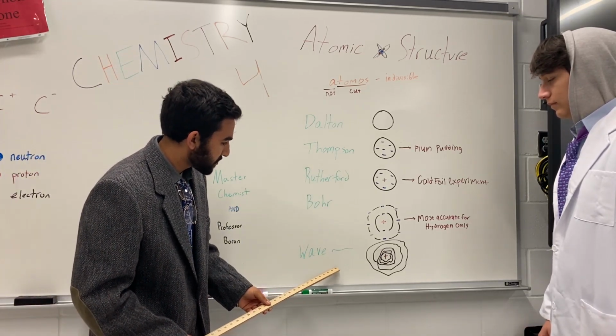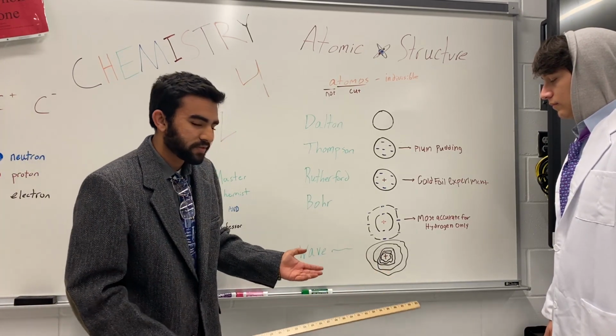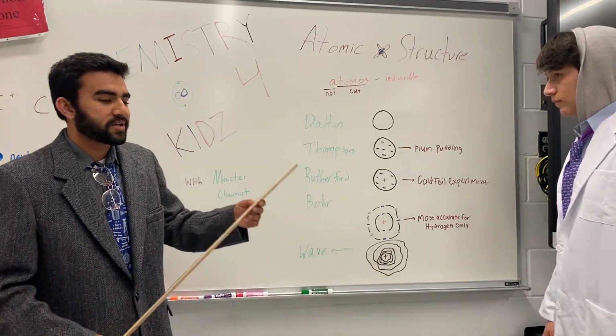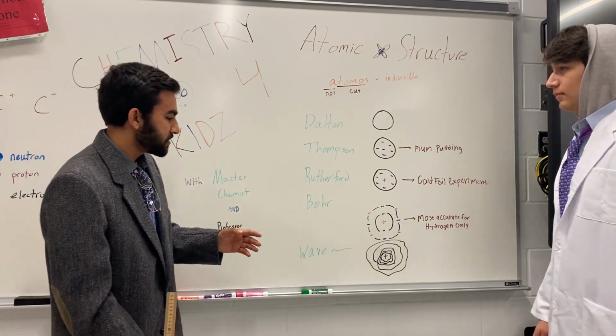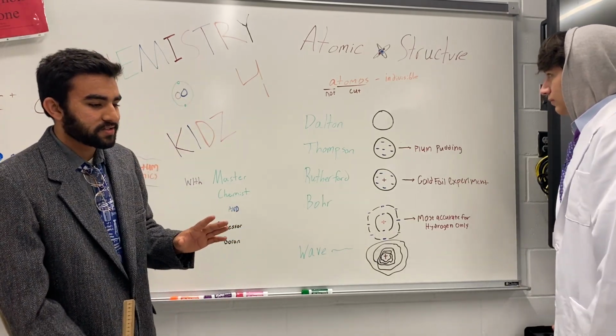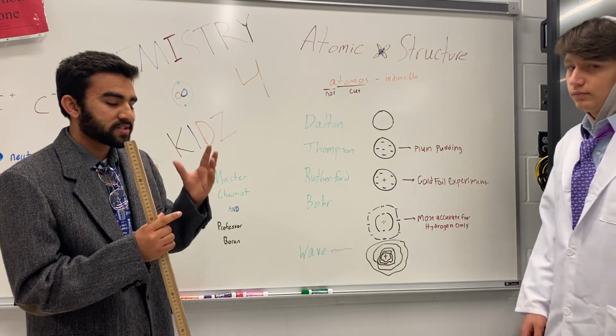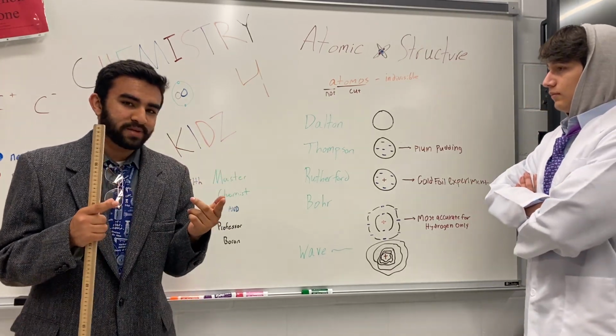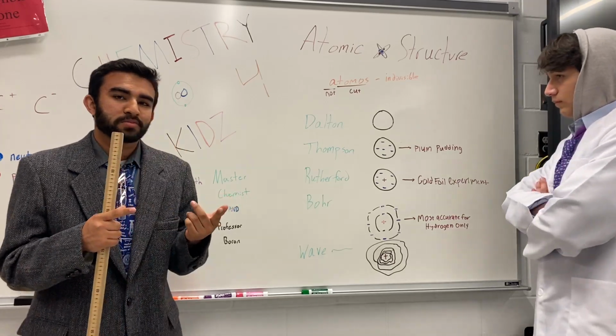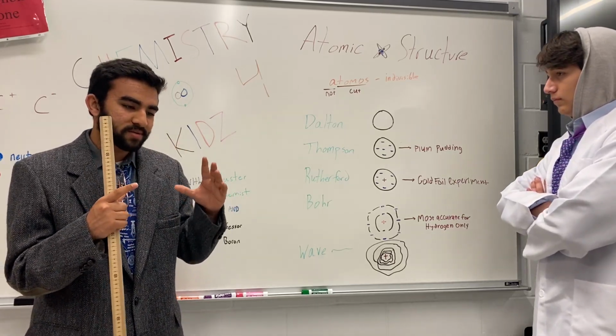So this was able to support this model, in which it's supposed to be an electron cloud around the nucleus, and what that suggests is that the electrons themselves are within this space, but in terms of where exactly they would be in that space, it's determined on pure probability, and they could be anywhere in that space at any time.